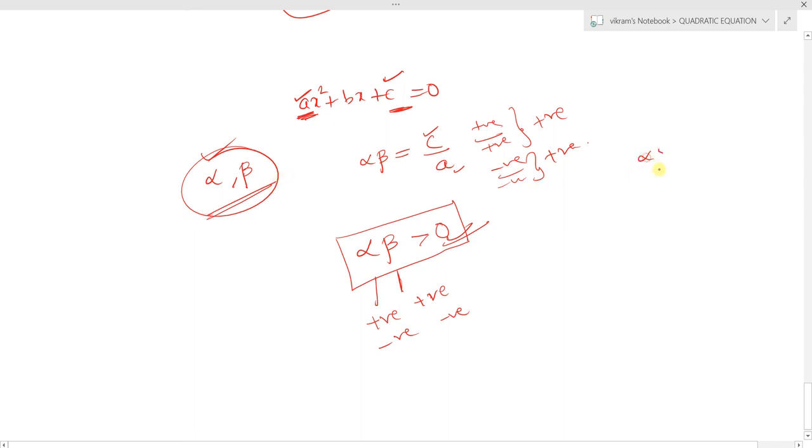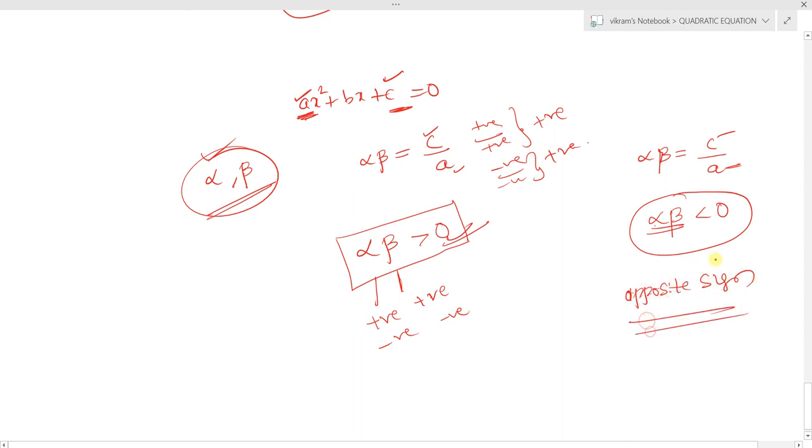If the coefficient of x square and the constant term have different signs, then alpha beta is less than 0. That means alpha and beta must have opposite signs.